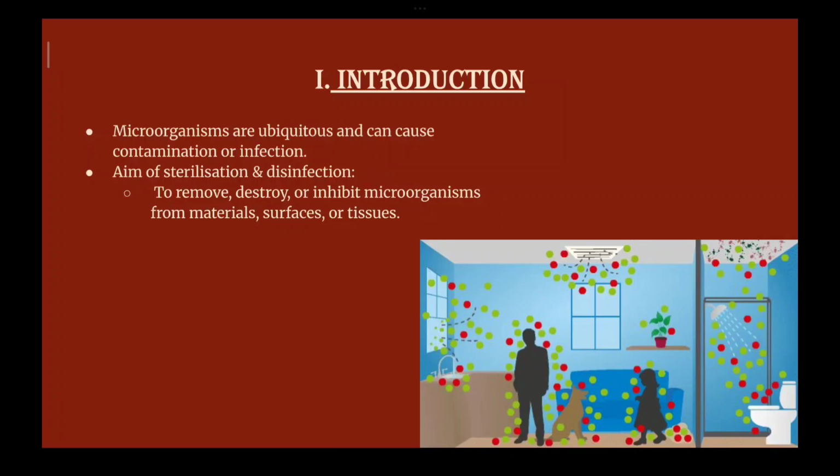You can see in the image the presence of good and bad bacteria in our surroundings. They are on the materials, on the surfaces, on the tissues of the human body, on every possible surface around you. So these can cause contamination or infection to the human body.